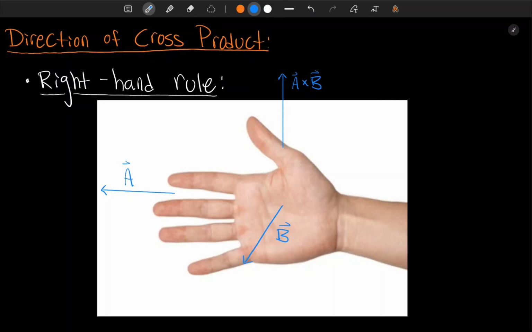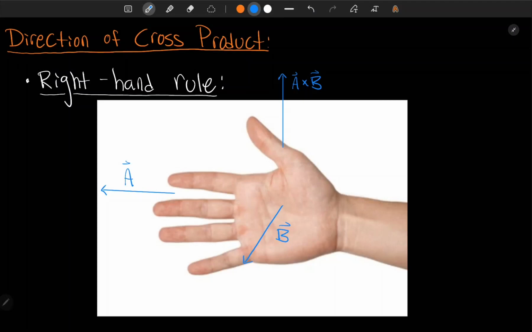Then rotate your hand so that your palm points in the direction of B. So here, B is actually pointing out of the screen, towards you. I can't really draw that, but this is my best interpretation.